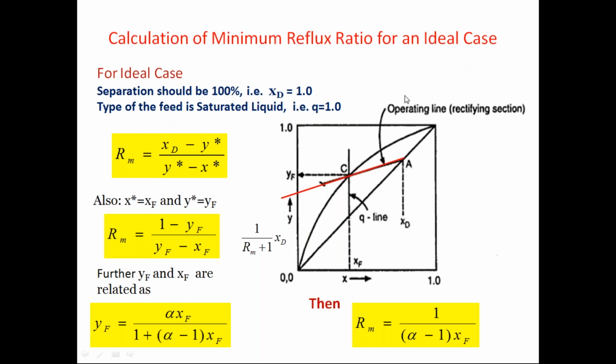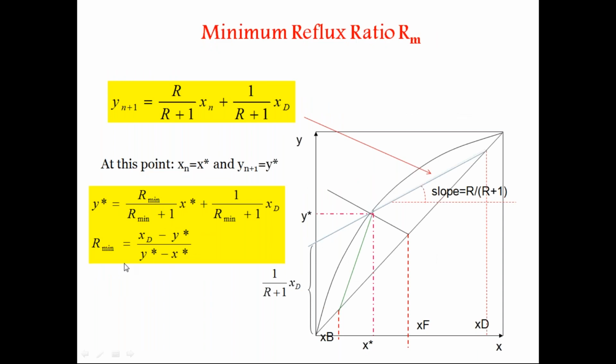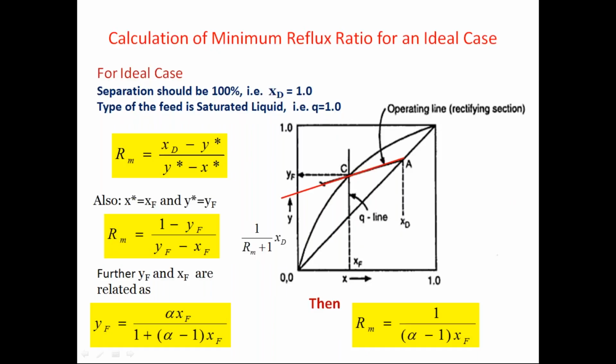Under such an ideal case, take the same equation which you have derived here: R minimum is equal to (XD minus Y star) divided by (Y star minus X star). Because it is a saturated liquid, your X star will become XF, and your Y star will become YF, because YF is the equilibrium value with the XF.